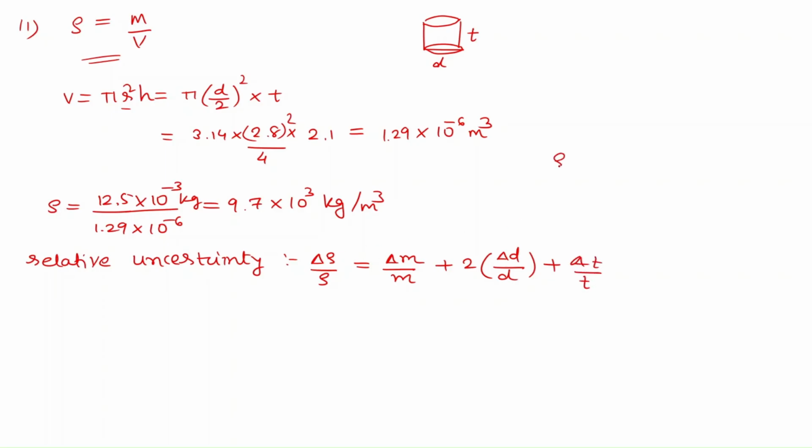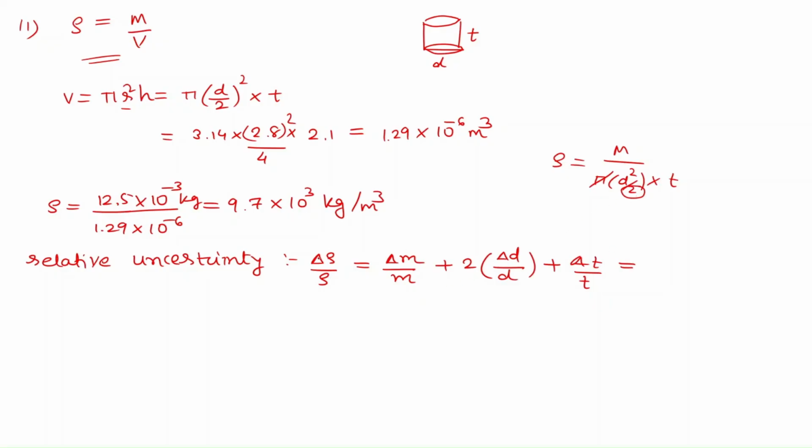It is coming from the formula m upon pi d square by 4 into t. Here we omit pi because it has no uncertainty, because it is an absolute value. Here 2 is also an absolute value.